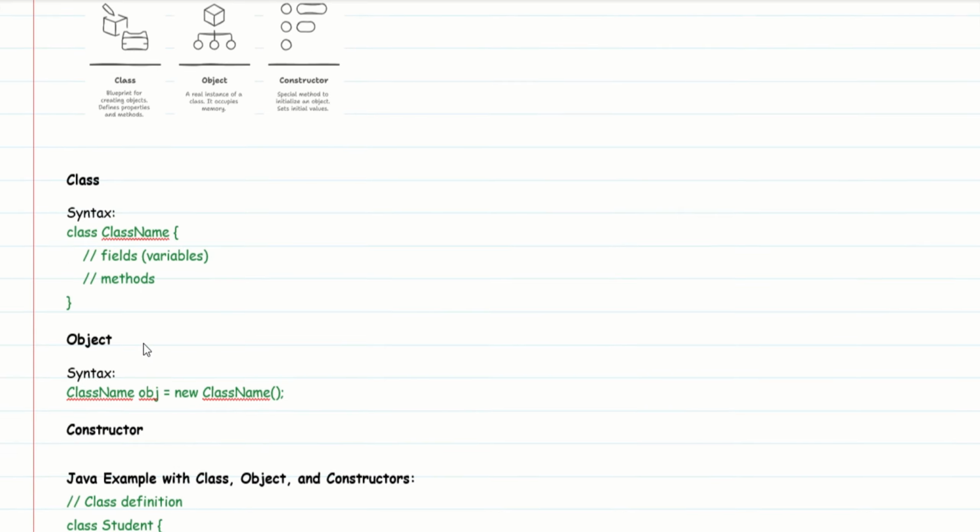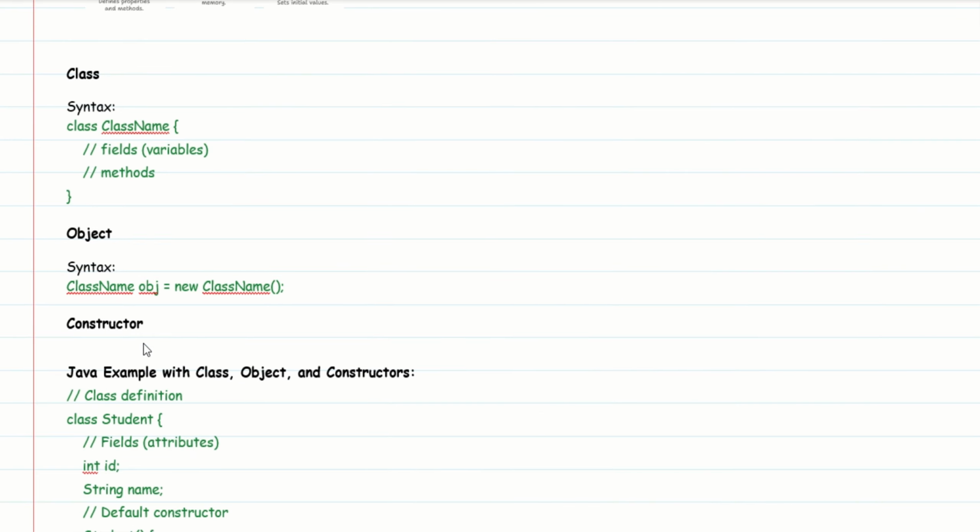Then objects. An object is a real instance of a class. It is created using the new keyword and has its own memory and access to the methods and fields of a class. For creating an object, the syntax is the class name, variable name, then the new keyword, and again the class name with small brackets, open and close.